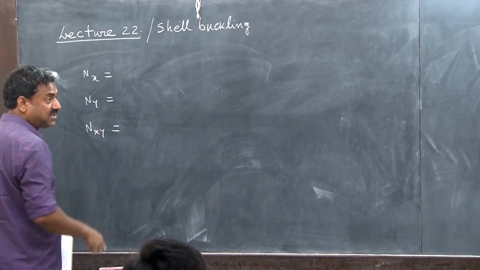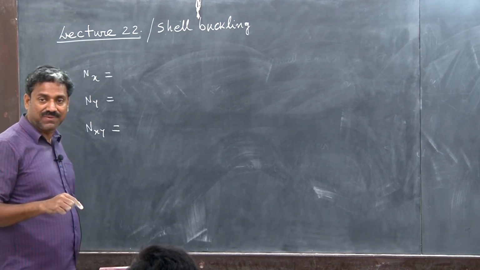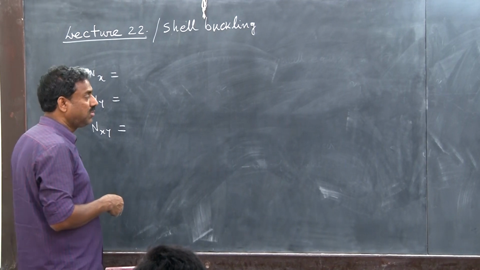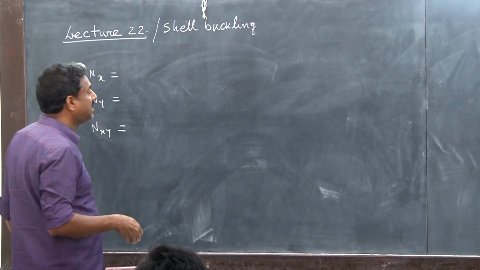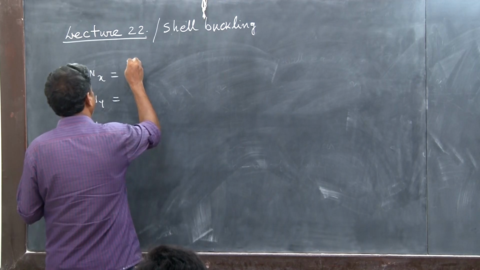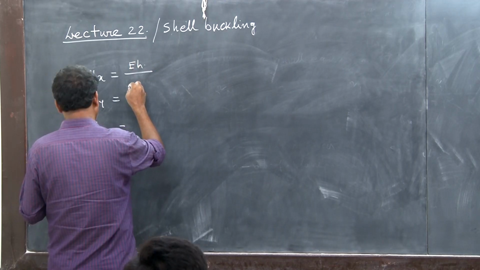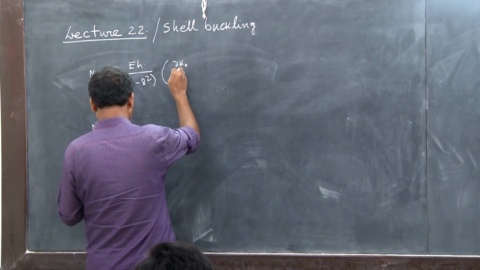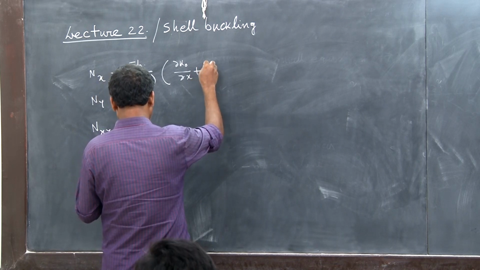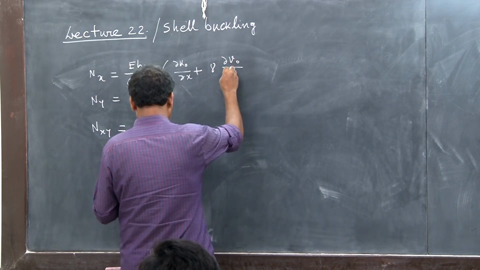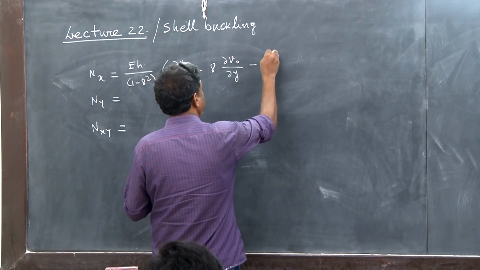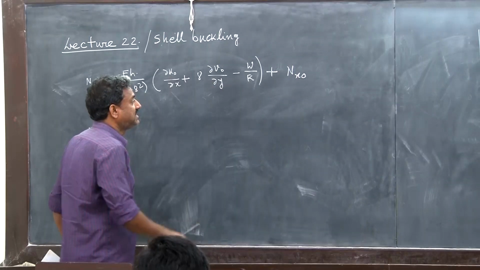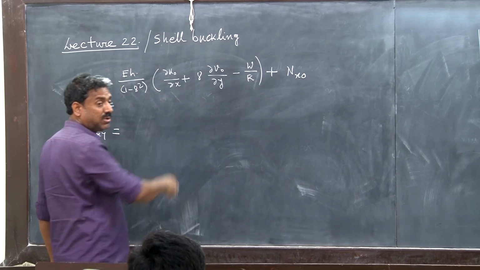Now middle surface stresses, other than whatever is externally applied, primary Nx0, Ny0, and there is also the secondary one which is coming due to bending, which will also be expressed. That is what I am just writing, okay. So Eh by ... this is the primary one and this is the secondary one, okay.